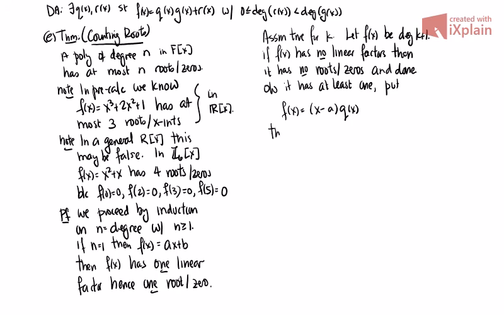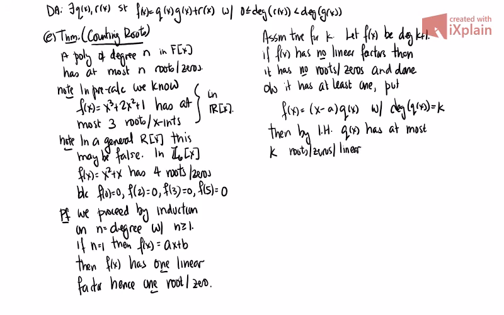Like this. Then, because the degrees are adding, the degree of q of x equals k. So by the induction hypothesis, q of x has at most k roots, zeros, or linear factors, however you'd like to think about it.